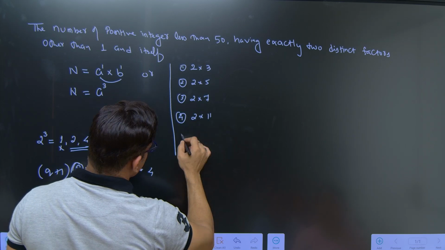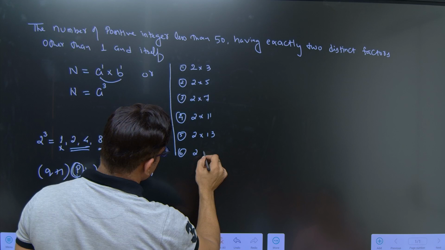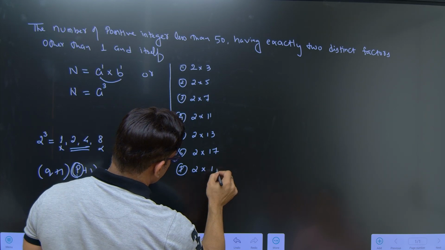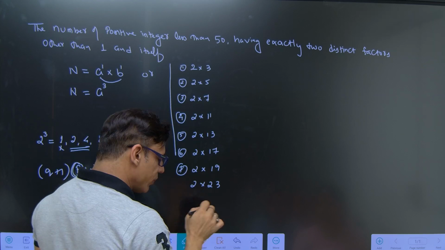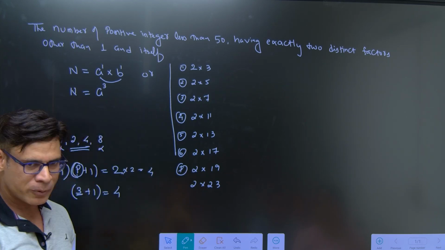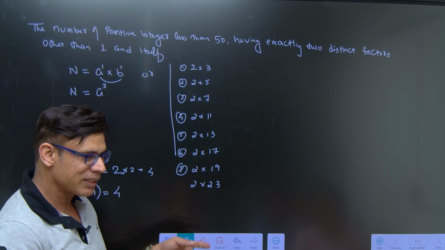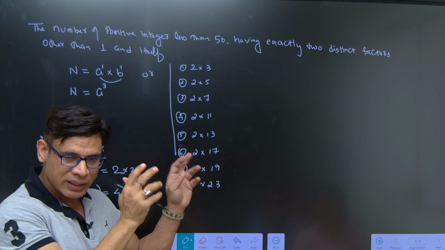Fifth number 2 into 13. Sixth number 2 into 17. Next number 2 into 19. Next number 2 into 23. What comes after 23? 29. Cannot take 29. 2 into 29 is more than 50. I have to stay less than 50.